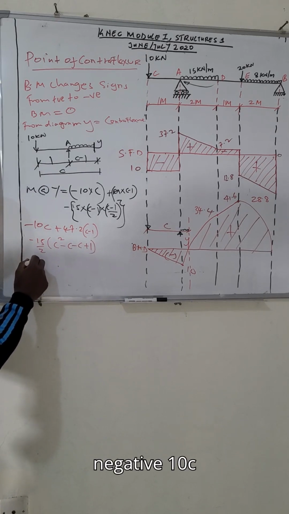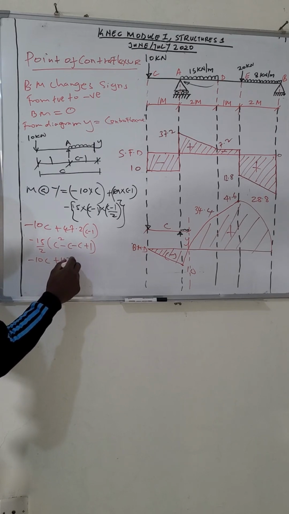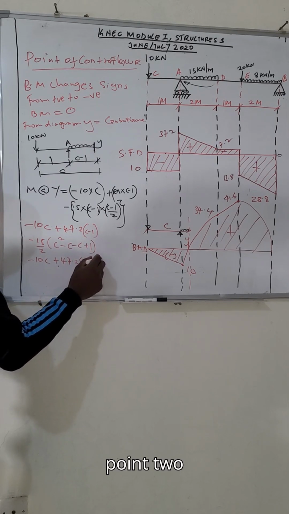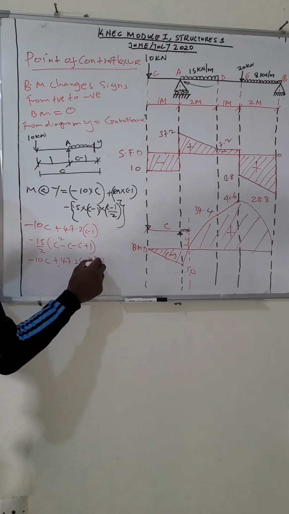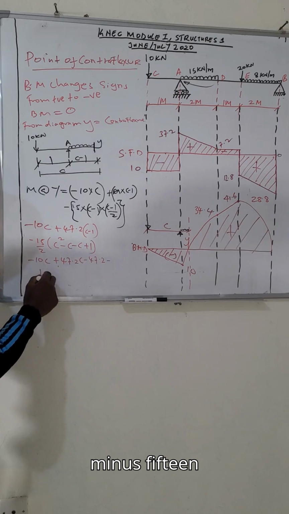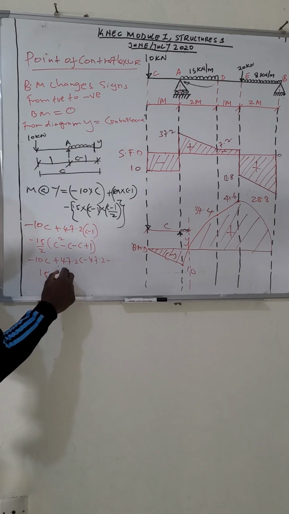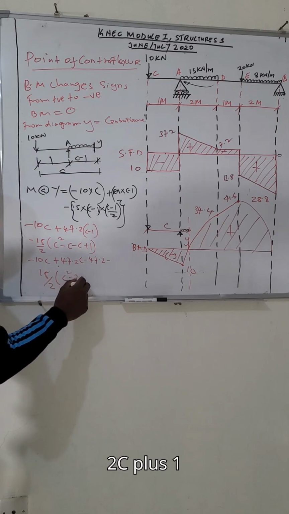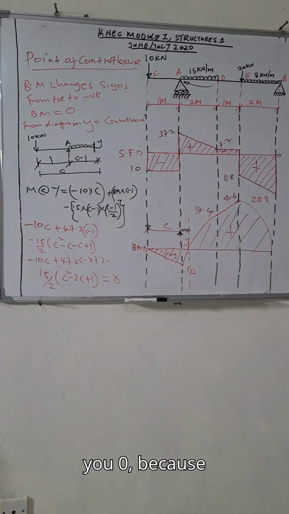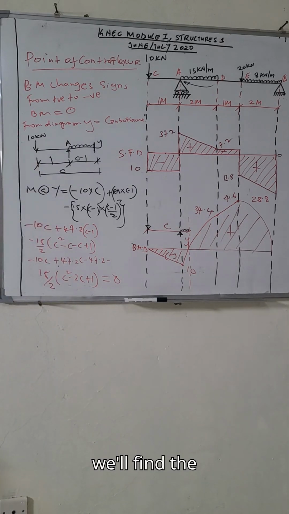So we have negative 10c plus 47.2c minus 47.2 minus 15 over 2 times c square minus 2c plus 1 should give you 0, because bending moment is 0. Then we'll find the value of c.